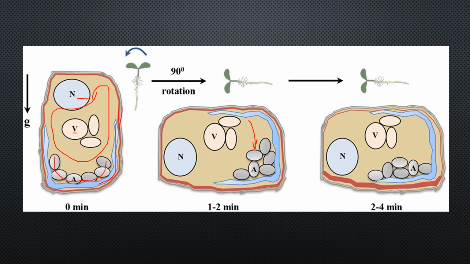The perception site is the columella cells, and the perception is those amyloplasts falling. So in this particular instance, we don't have a ligand-mediated response. This particular perception is a little different. It's a mechanical perception. So that's one of the reasons I wanted to bring this example to you, is just to show you that there are some things that are a little different than the textbook.